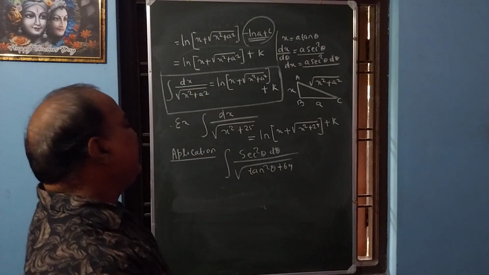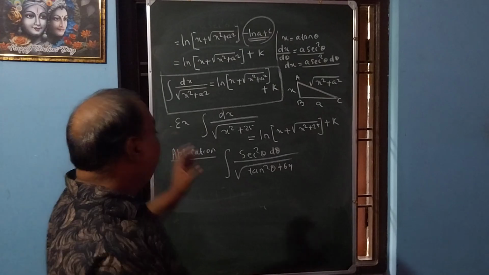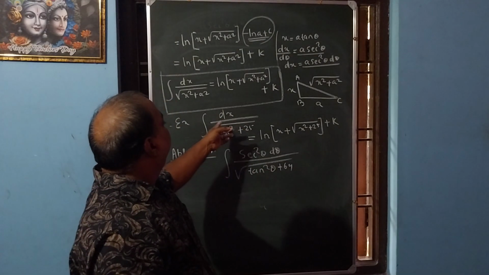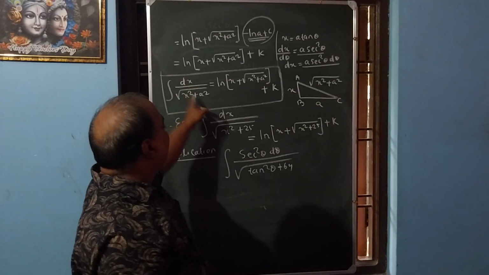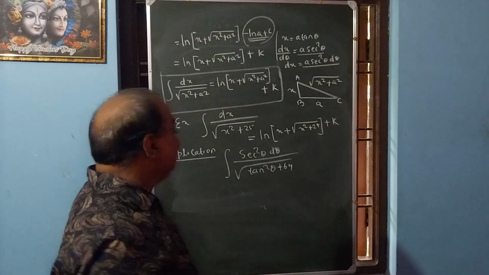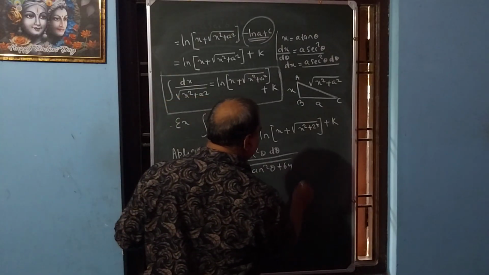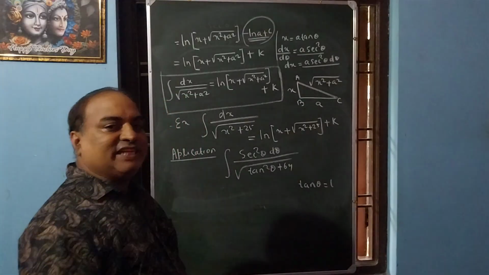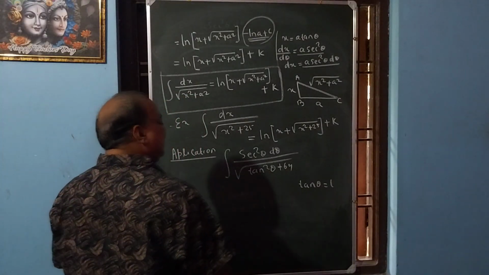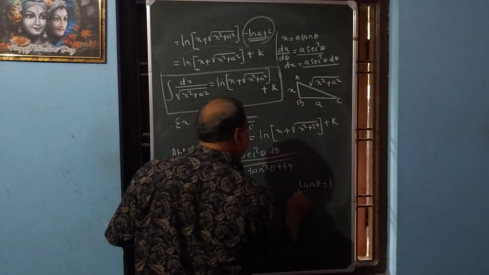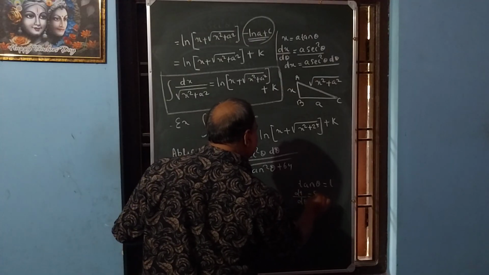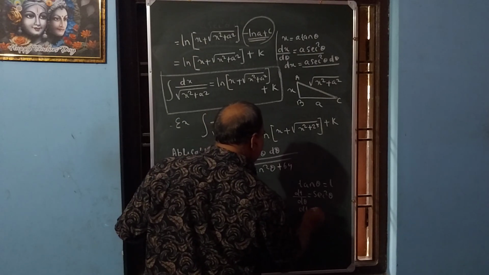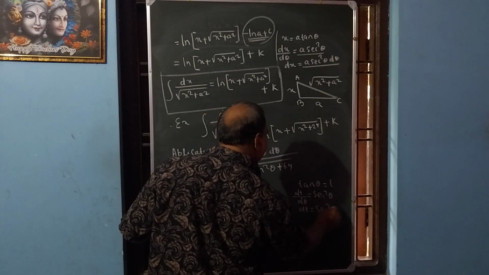How can you integrate this problem? First of all, in order to convert this problem into this formula, we have to take tan theta is equal to t. Once you take this, you have to differentiate on both sides with respect to theta. So dt by d theta is sec square theta, so dt is equal to sec square theta d theta.